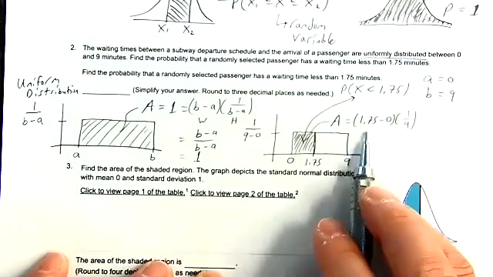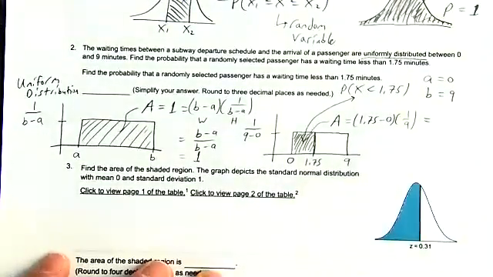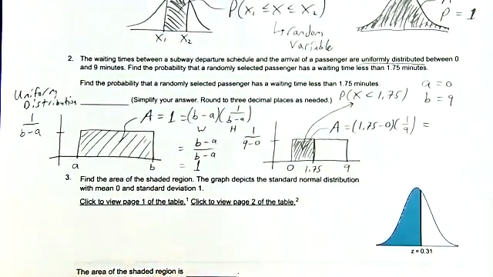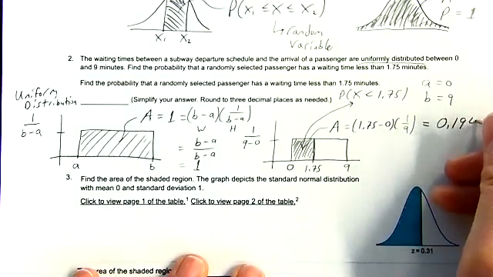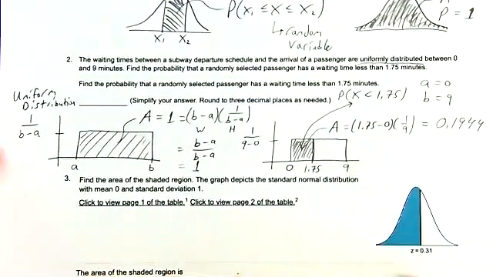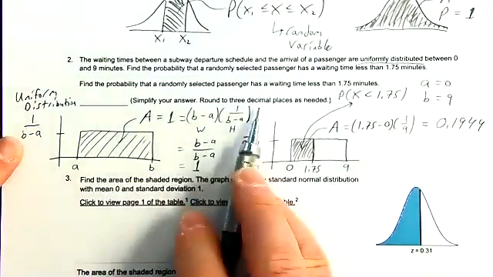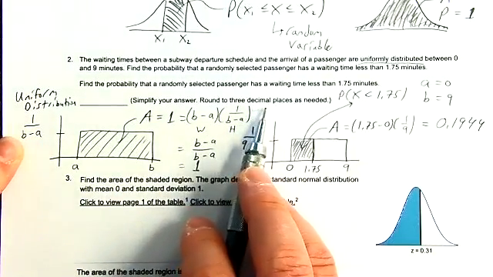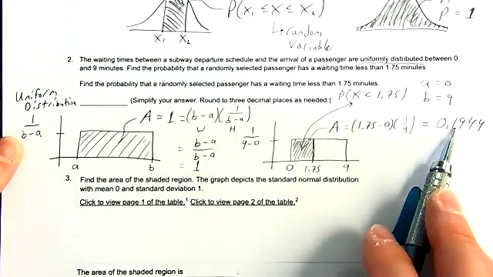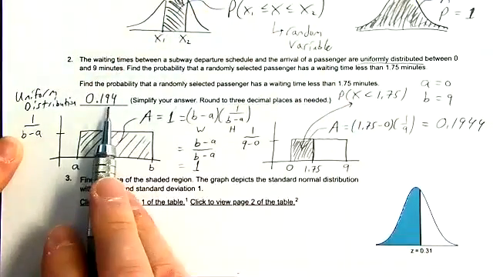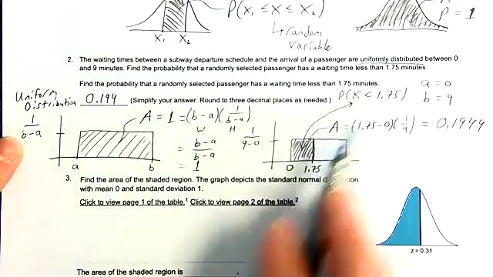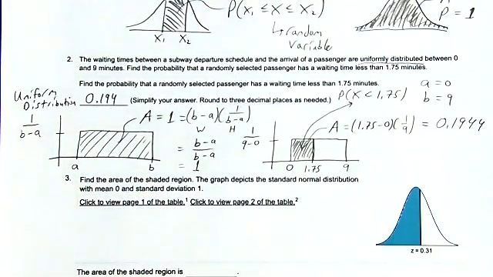So it's just 1/9 of 1.75. And if you do that arithmetic, you will get this area is 0.1944. So what's the probability? Rounded to 3 decimal places, we'll call it 0.194. So there's about a 19% chance that if I'm waiting for this bus, it's going to take less than 1.75 minutes for the bus to get there.